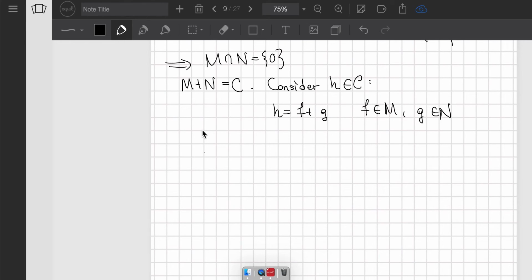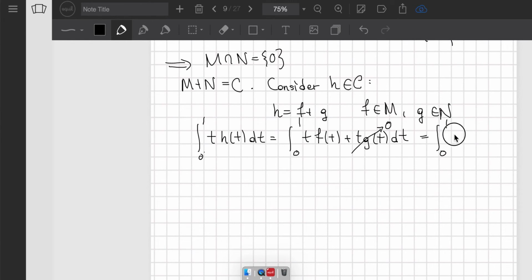Well, we can say that the integral from 0 to 1 of t h(t) dt is equal to the integral from 0 to 1 of t f(t) plus t g(t) dt, right? But this integral here, t g(t), must be equal to 0 because g belongs to N. So this is equal to the integral from 0 to 1 of t f(t) dt.